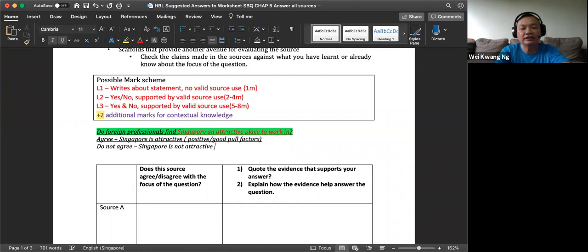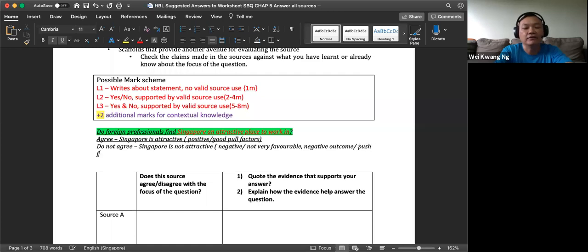If it's not attractive, that means there must be something negative, something bad, something not very favorable, some form of negative outcome. Because of the negative outcome, there are push factors, therefore it is not attractive. So far so good.